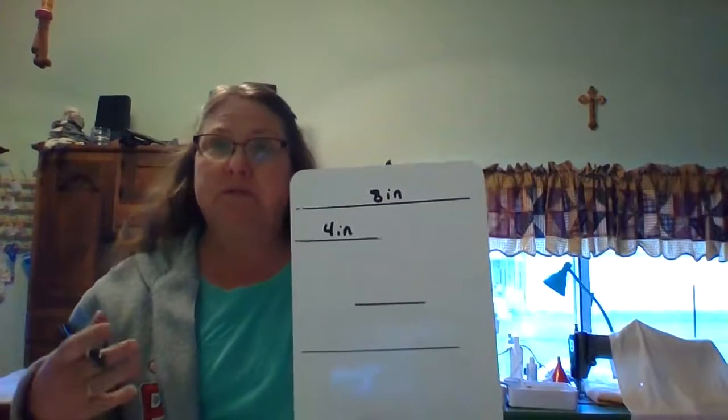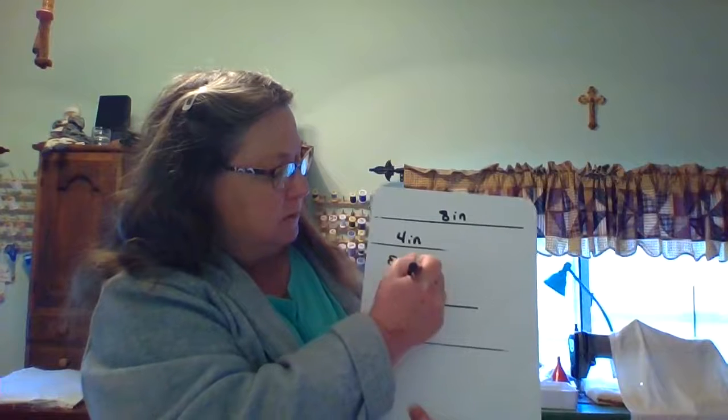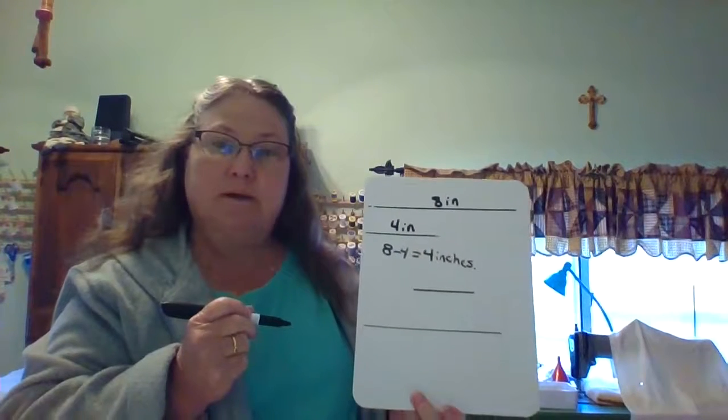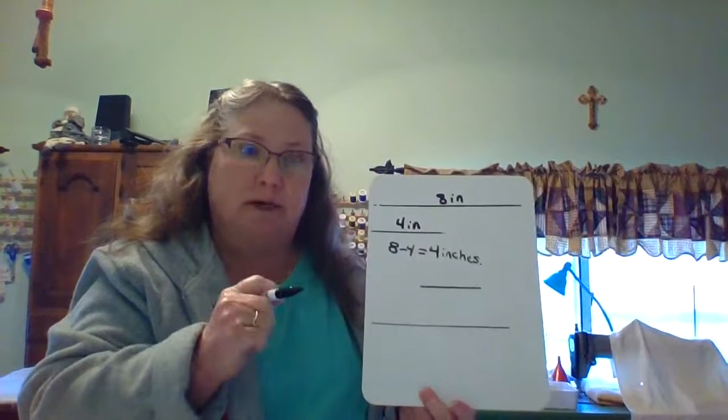We know difference means to subtract. So we would write 8 minus 4 equals 4 inches. There we go, 4 inches. So just a simple subtraction, wanting to know the difference between the two lines.